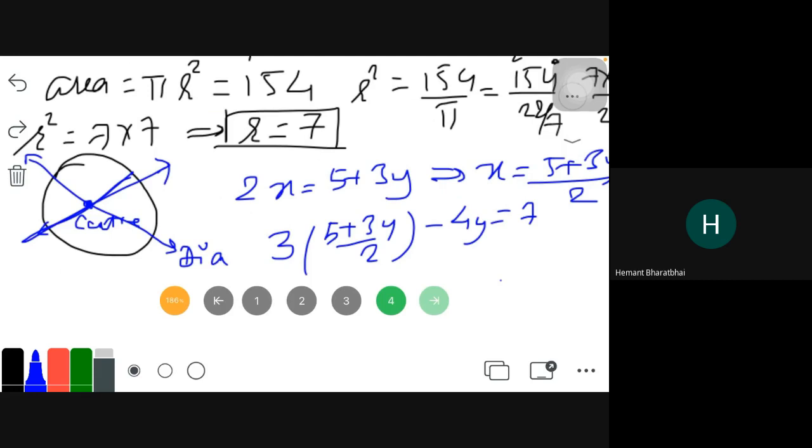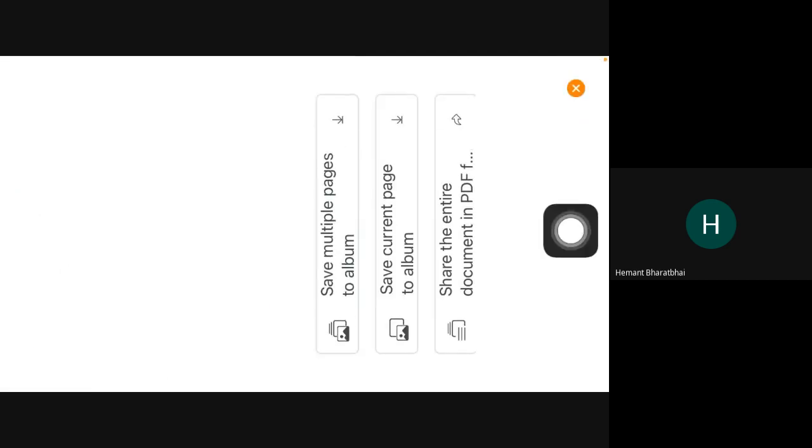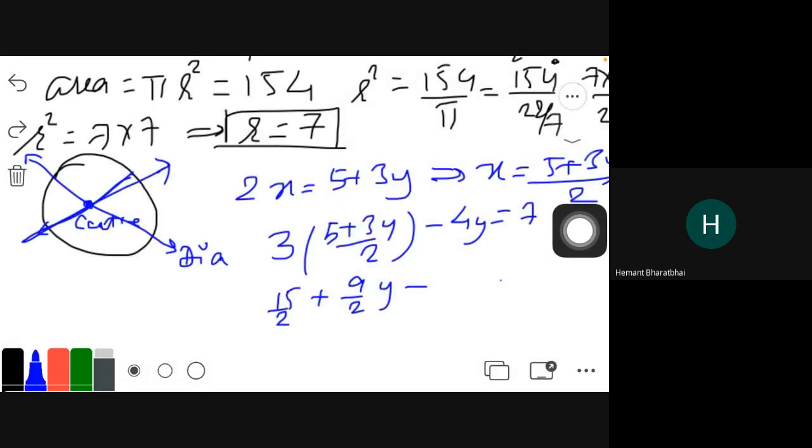So I'll get, multiplying these 3 inside, 15 by 2 plus 9 by 2y. Here also I'll take LCM. So 4 into 2, that is 8y by 2 is equal to 7.